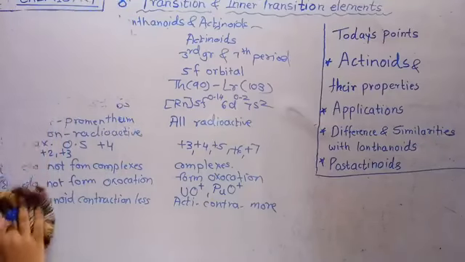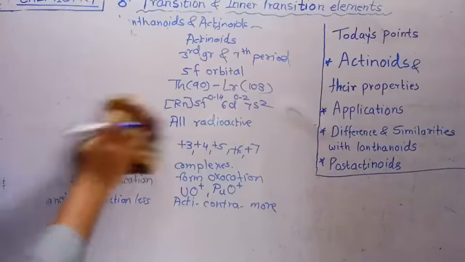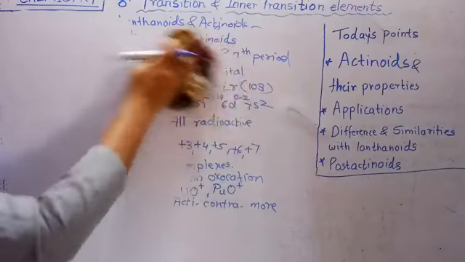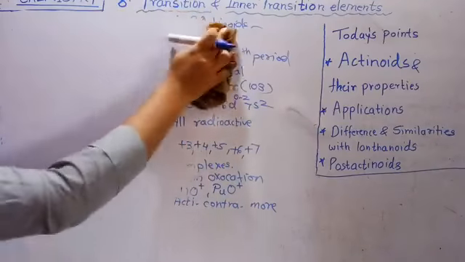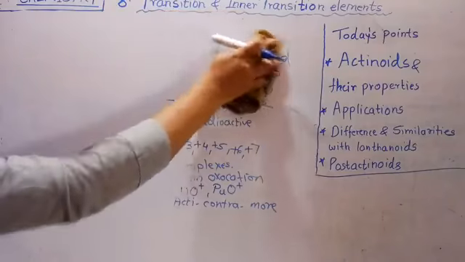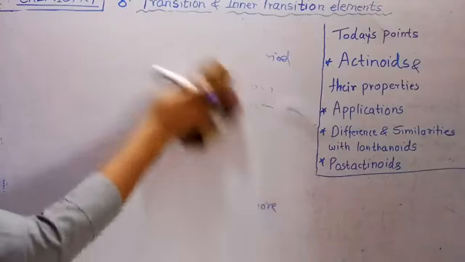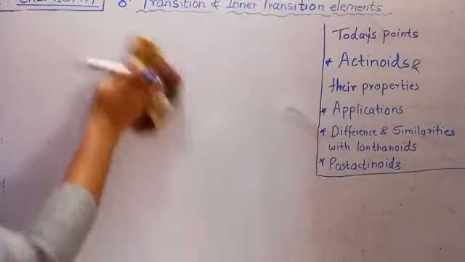Then there is the next point given in the textbook. There are some points of similarity and difference between pre-transition metals, lanthanoids and transition metals.